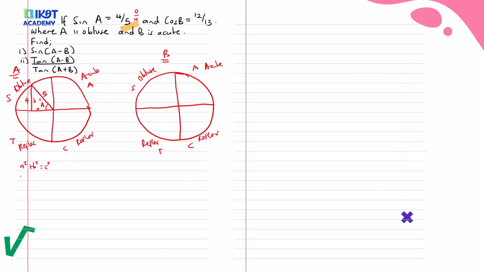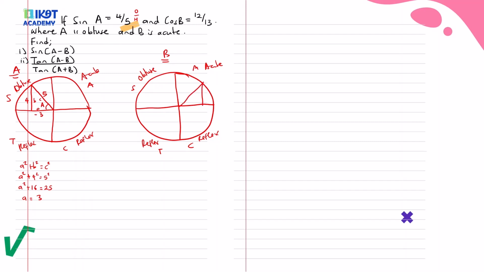Then we have A squared plus 4 squared is equal to 5 squared. So this is A squared plus 16 is equal to 25. So the value of A is going to be 3. Then when you put 3 here, this is the negative direction, so you put a negative, because I told you this is an imaginary y and x-axis, so this is negative 3.